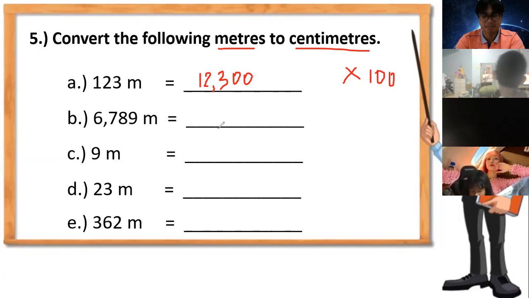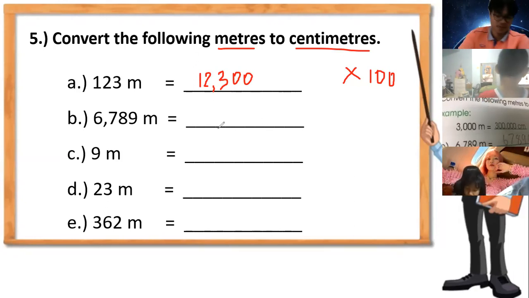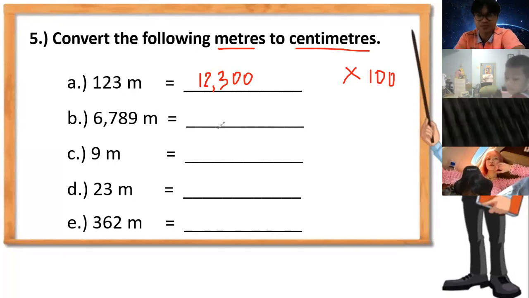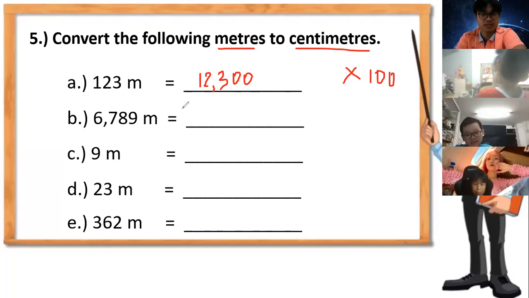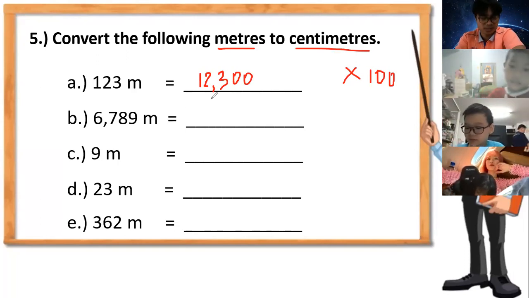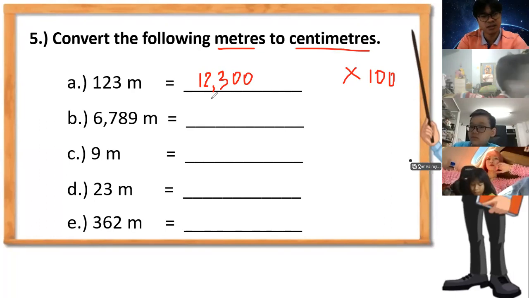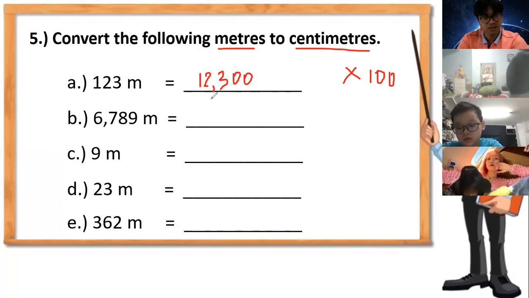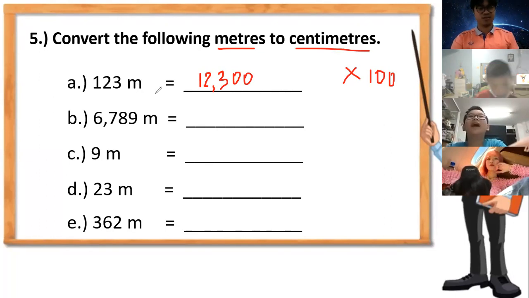Look at the example in the book. 3,000 add 2 zeros is 300,000. So 123 times 100 is 12,300.